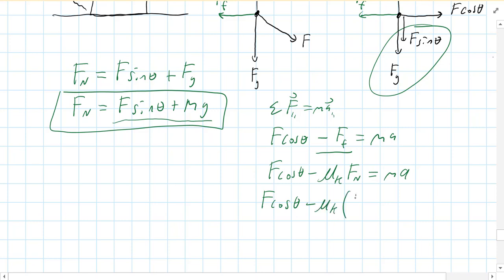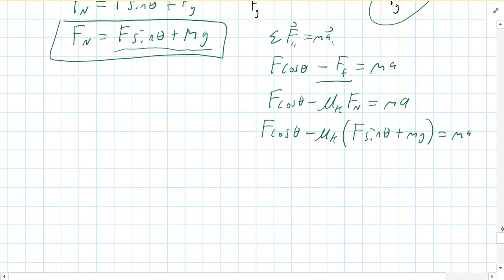So Fn is equal to F sine theta plus mg, and this all equals ma. I will go ahead and distribute the mu sub k in here. So we get F cosine theta minus mu sub k times F sine theta, and then a minus mu sub k mg, and that would equal ma.